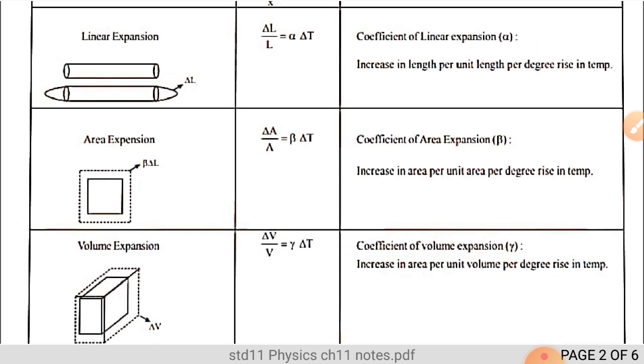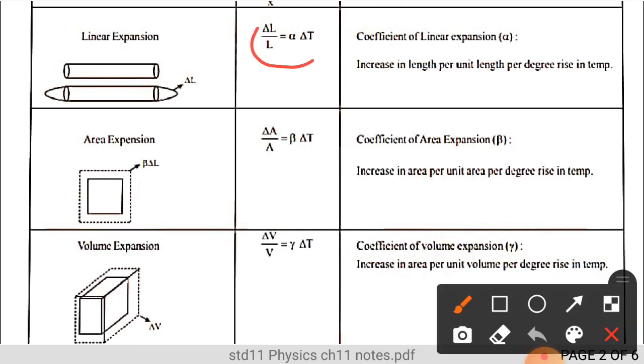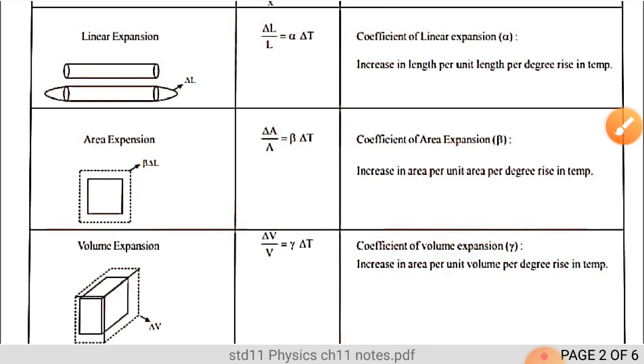So as we increase temperature, the increase in length is given by the formula delta L upon L is equal to alpha delta T, where alpha is the coefficient of linear expansion. Delta T is the temperature difference, 1 degree Celsius or 2 degrees Celsius, whatever temperature we give to that substance.